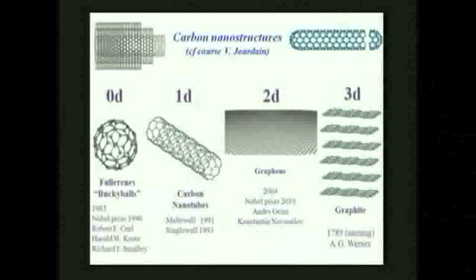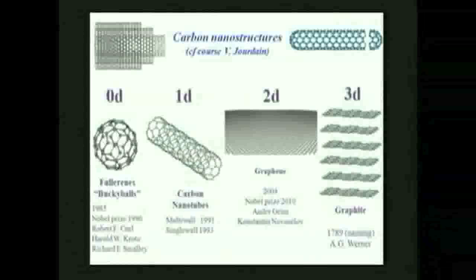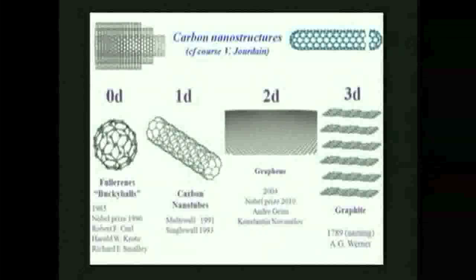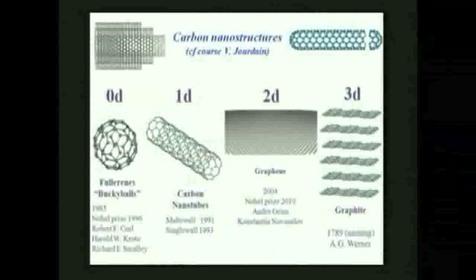So the name of graphite was given at the same time as the French Revolution in 1789. The graphite is made of graphene sheets, which are hexagonal arrangements of carbon atoms with sp2 bonds, which are superimposed one on each other with van der Waals interactions.